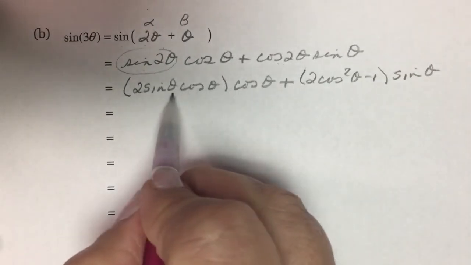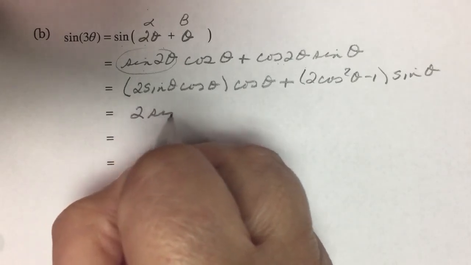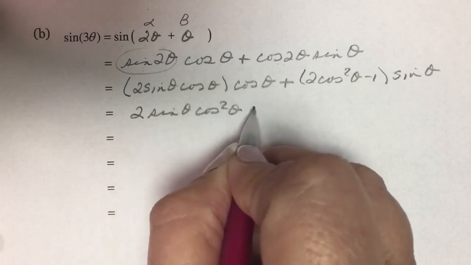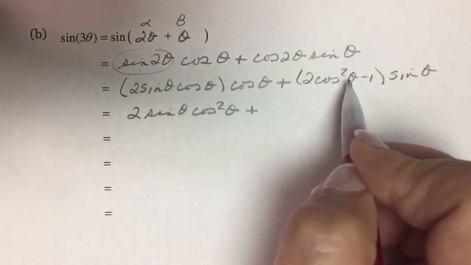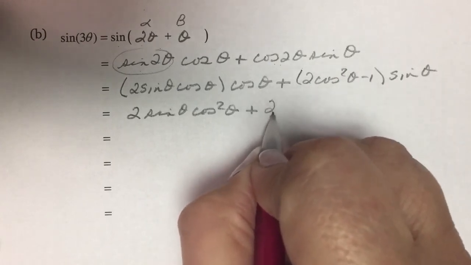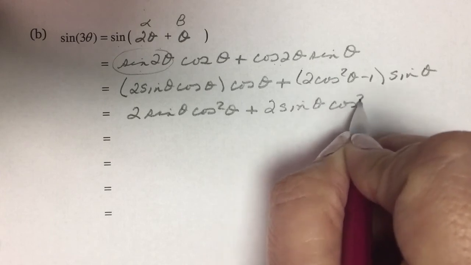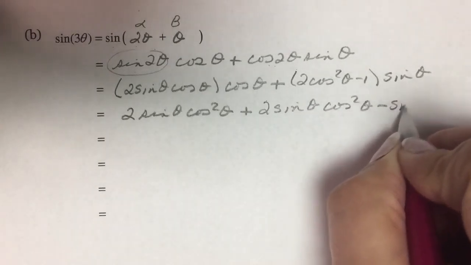So if I go ahead and simplify this a little, you can see that I'm going to get 2 sine theta cosine squared theta plus, I'm going to distribute through this sine theta. So I'm going to get 2 sine theta cosine squared theta minus sine theta.